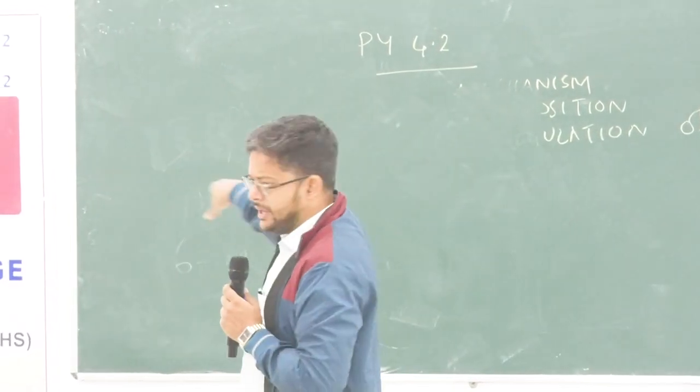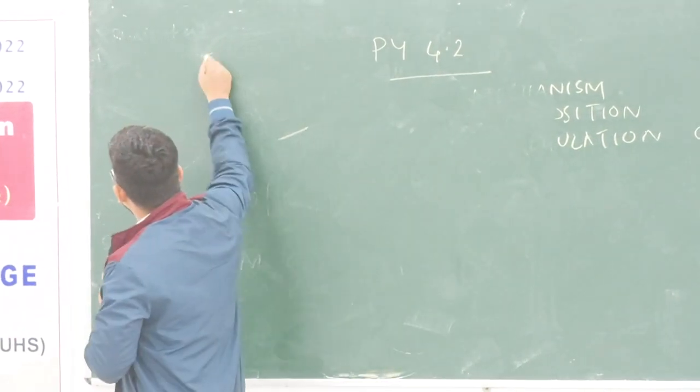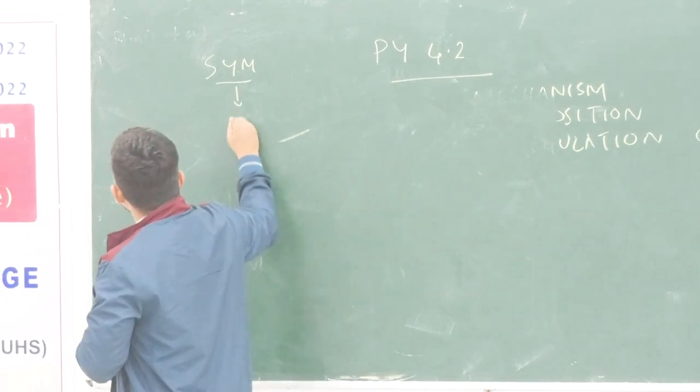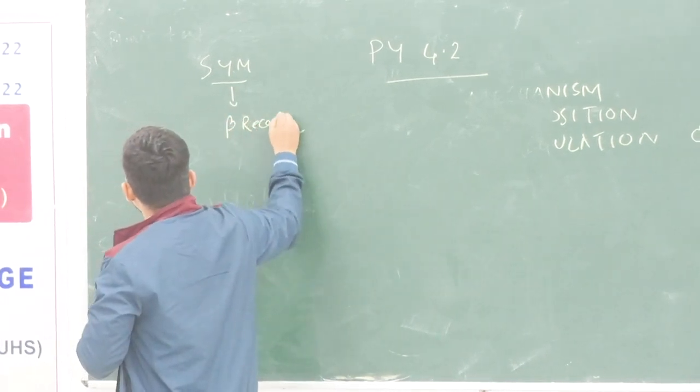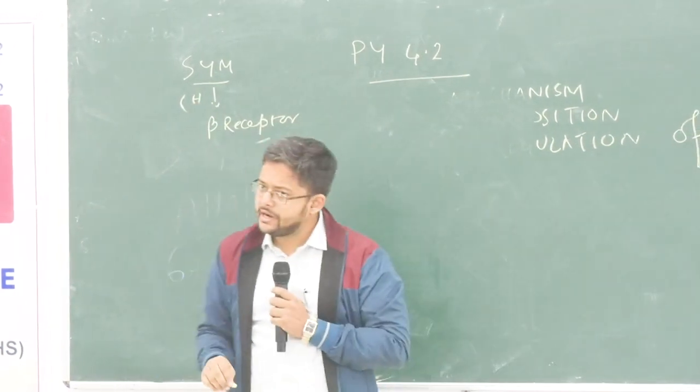I will be drawing a flow chart of how the sympathetic system acts. Coming to the sympathetic system, these are the beta receptors which act. Beta receptors are stimulated when the sympathetic system is stimulated.